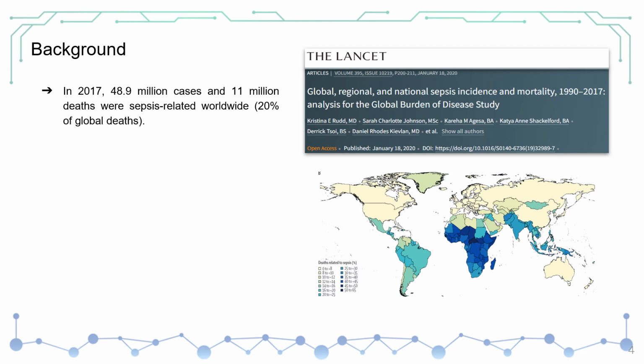This study published in the Lancet showed that in 2017, almost 49 million cases and 11 million deaths were associated with sepsis, which represents 20% of global deaths.